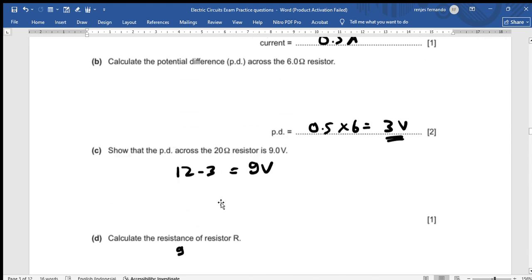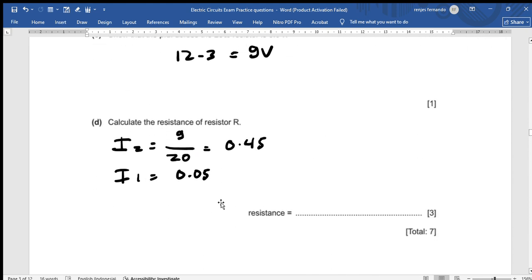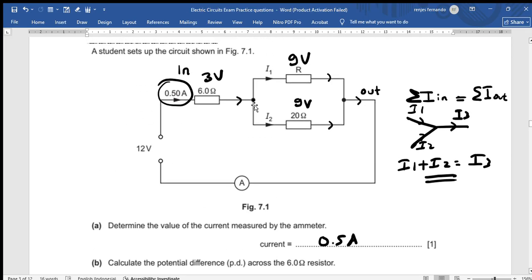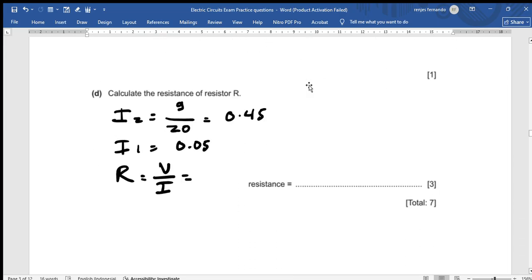And then the question is the resistance. So the resistance is voltage over current, which is 9 volt divided by the current, 0.05. So the resistance is 9 divided by 0.05, 180 ohm. It's the answer.